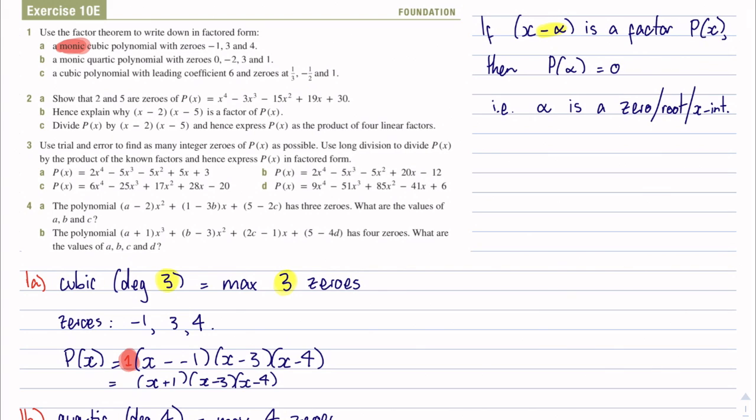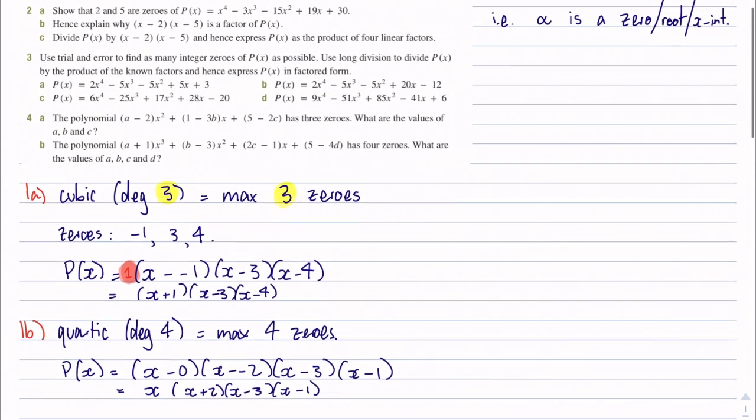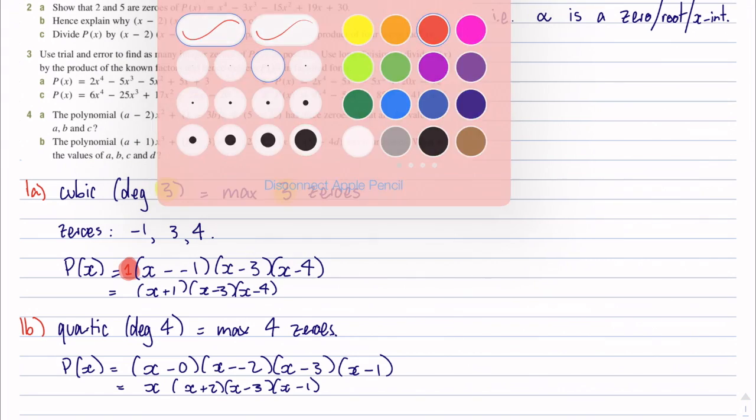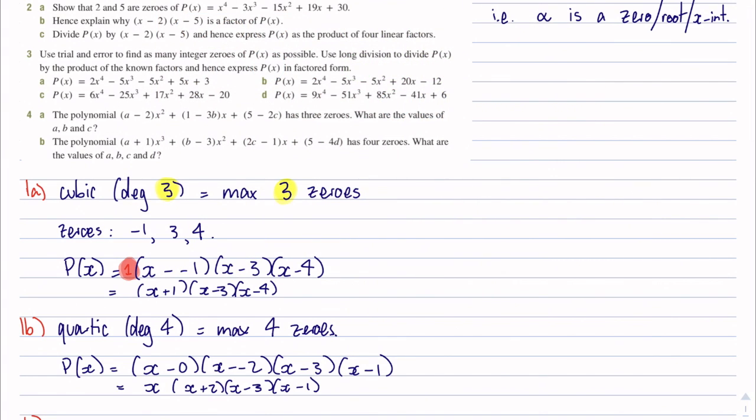P of x equals x take 0, x take -2, x take 3, x take 1, which means we've got, well, x take 0 is x outside of x plus 2, x take 3, x take 1. Now you know how to sketch these, but it hasn't actually asked us to. It's just asked to write it out in factored form. Let's have a look at 1c.